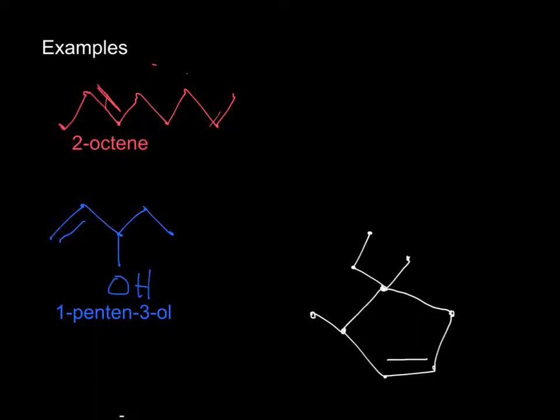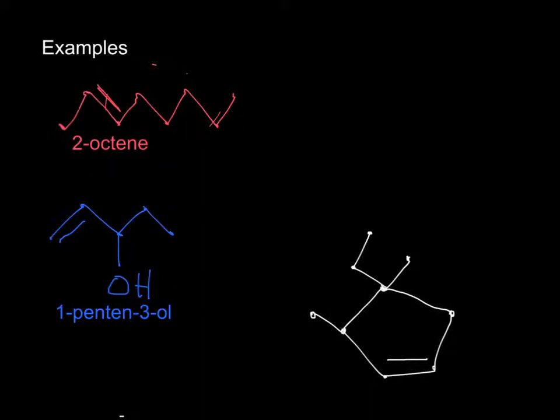All right, and this next one, I'm going to have to draw it out because it's going to be a little bit of a doozy. What's the longest carbon-containing chain here for the root? It's going to be a cyclopentene, right, because it's 5 for that cyclic group. Okay? So we can go ahead and write down the cyclopentene.